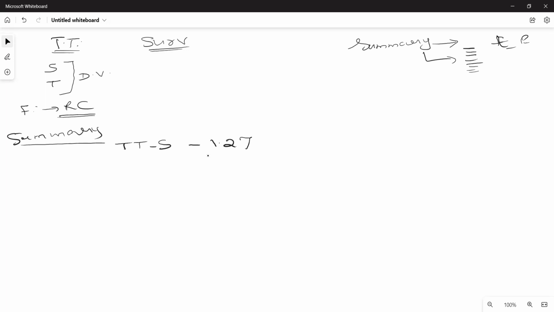And for the third class, ticket type underscore T, the value is minus 2.24. I'm just taking some numbers.